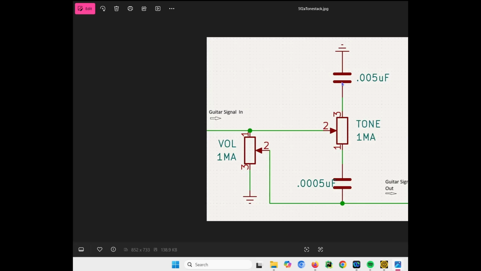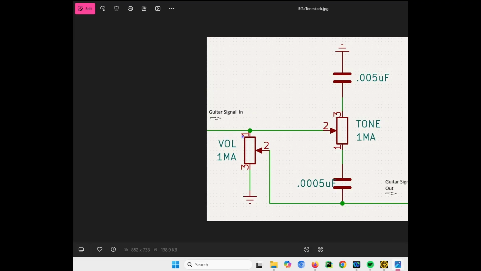Again, here we have a capacitor that's only going to allow your treble frequencies to go to ground. Okay. So there are two things that are actually happening here. As I said before, the smaller your capacitor is, the harder it is for bass frequencies to go through.